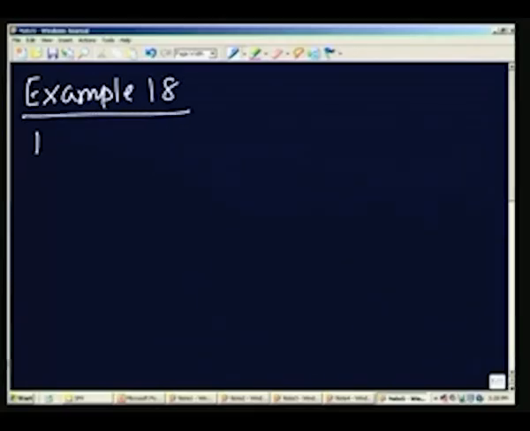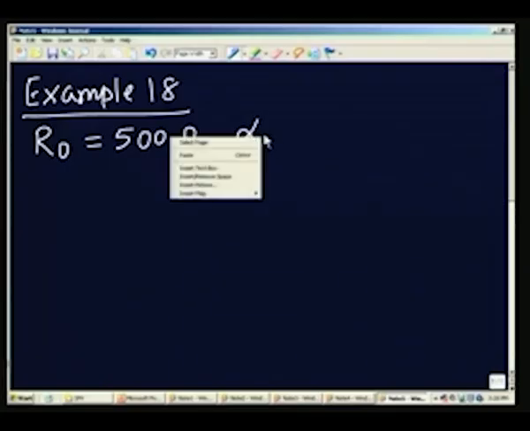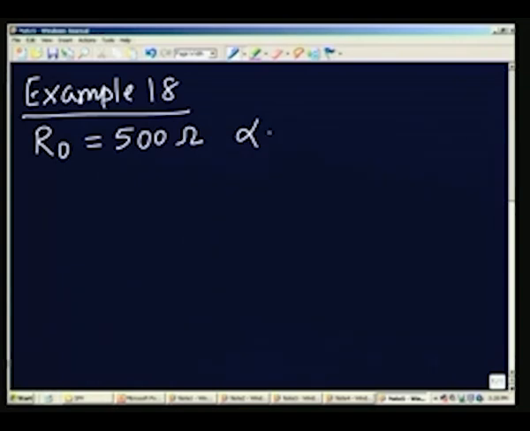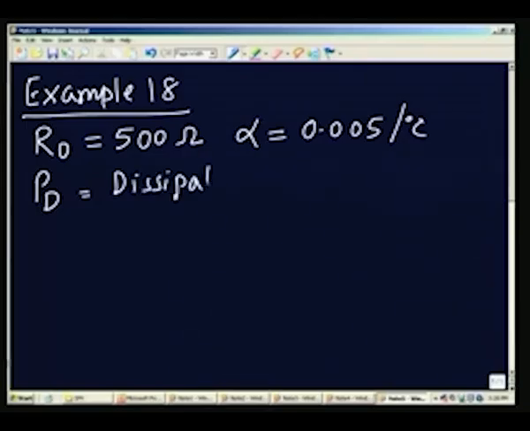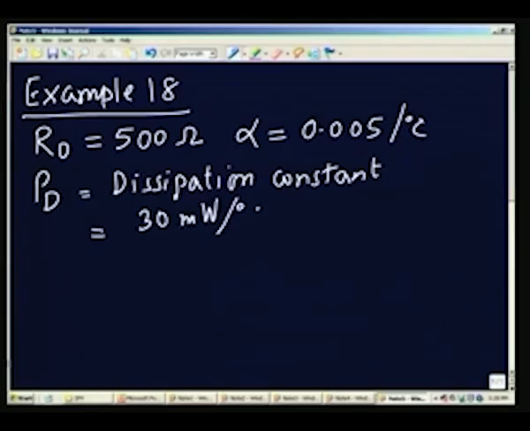We have a PRT of 500 ohms resistance and an alpha value of 0.005 per degree Celsius, and a dissipation constant is specified in this problem equal to 30 milliwatts per degree Celsius.